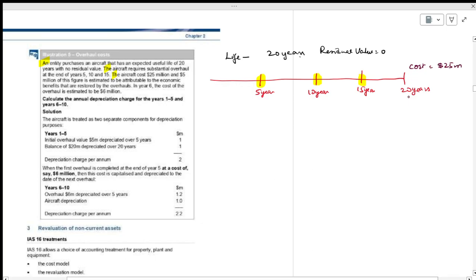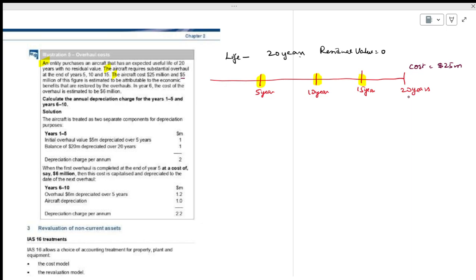Every year, they have a cost of how much? 5 million. Of this, it is estimated to be attributed to the economic benefits.